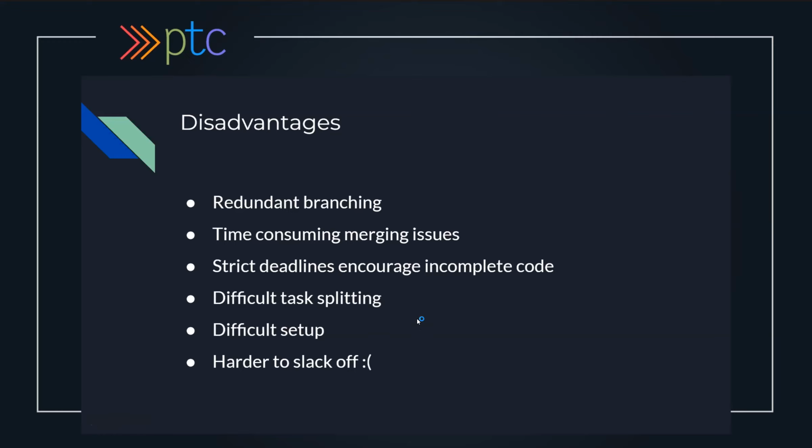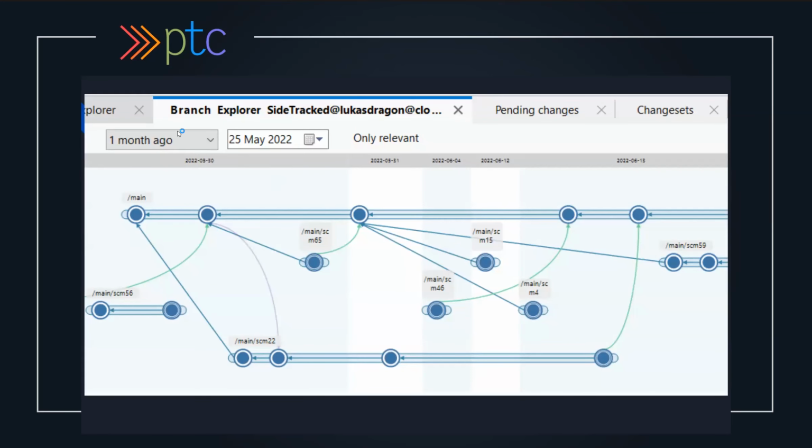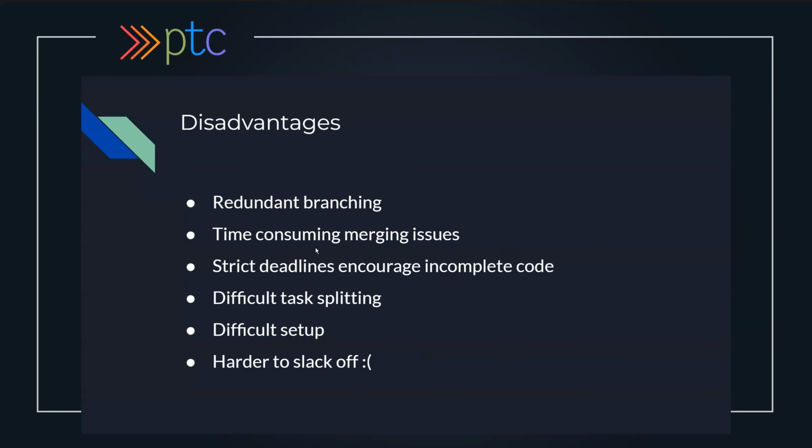Hard to set up. So if you want to use SCM, like I mentioned, we use this Plastic SCM system, which works quite well, and it's automatically all set up. But if you wanted to use a different system, it'd be quite difficult to set up. And even with Plastic SCM itself, you have to have a server to hold on to all the code. If you're not using one of the servers that Plastic, the company that owns it, has set up, and you want to set up your own, that can be quite difficult.